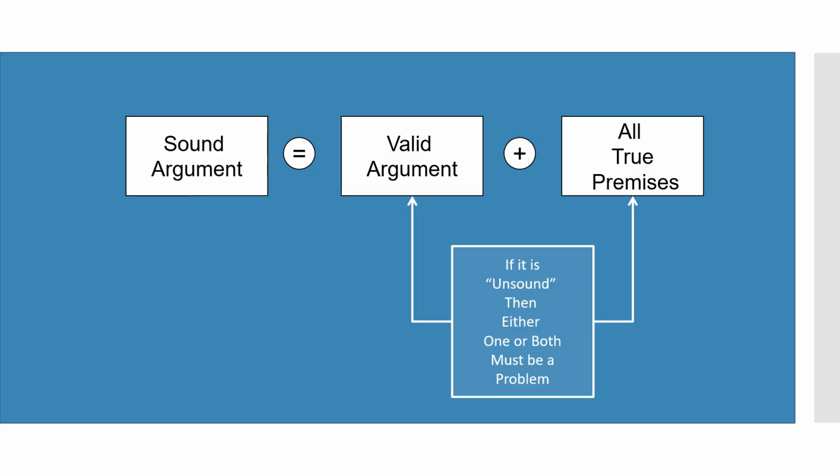And of course, if it's an unsound argument, that means it cannot be both valid and have true premises. Because if it were valid and had true premises, then it would necessarily be sound, and I would get a true conclusion. So if I have a false conclusion, it can't be sound, and that means either one of these two things must be a problem. It's either not valid, or it does not have true premises, or maybe both.